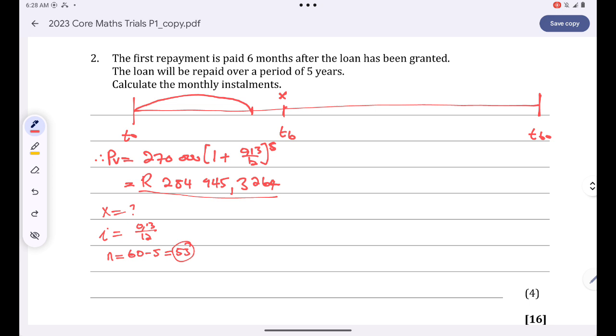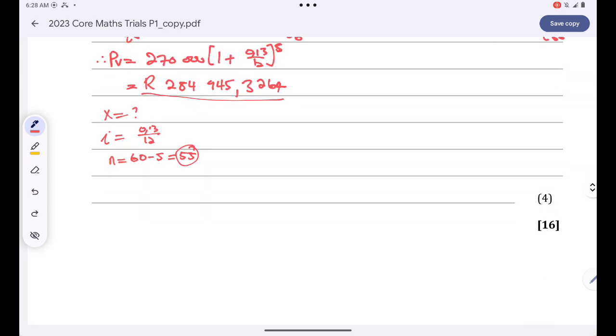making 55 payments. So if ever, guys, I'm looking for X and I'm dealing with the present value, I'm just going to say X is equal to the present value multiplied by interest all over 1 minus 1 plus I to the power of negative n.